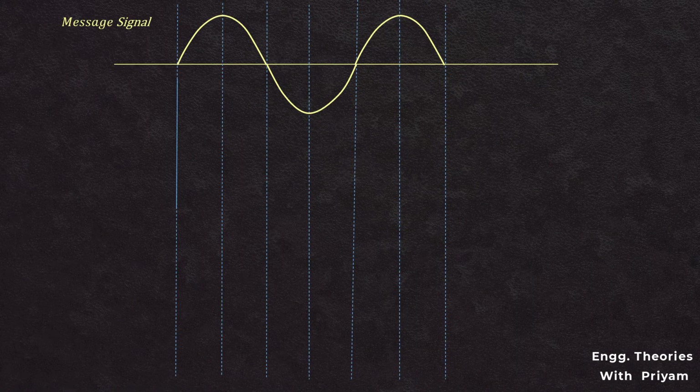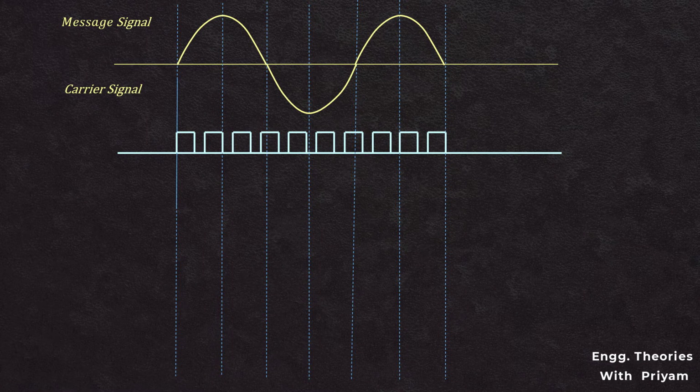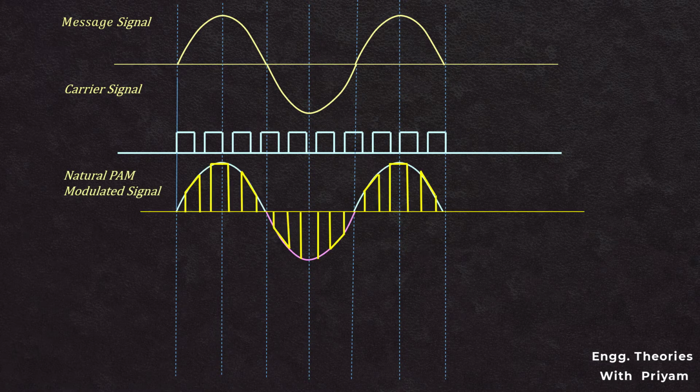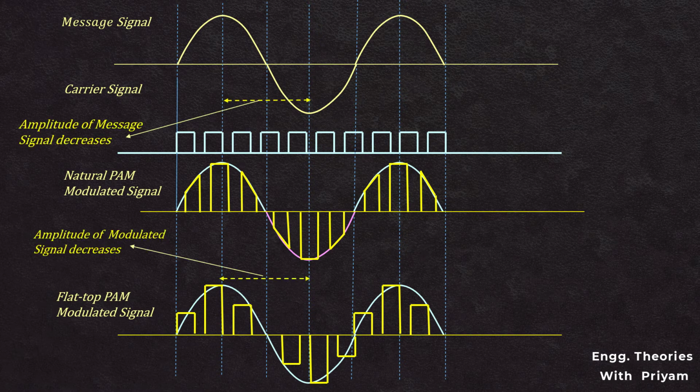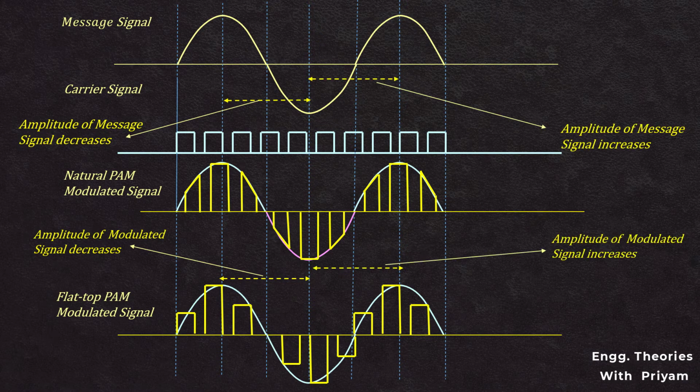This is a message signal and this is a train of rectangular pulses used as a high frequency carrier signal. Here, the amplitude of the train of carrier pulses is varied with respect to the amplitude of the message signal. The amplitude of the modulated signal decreases with the decrease in the amplitude of the message signal, and increases with the increase in the amplitude of the message signal.